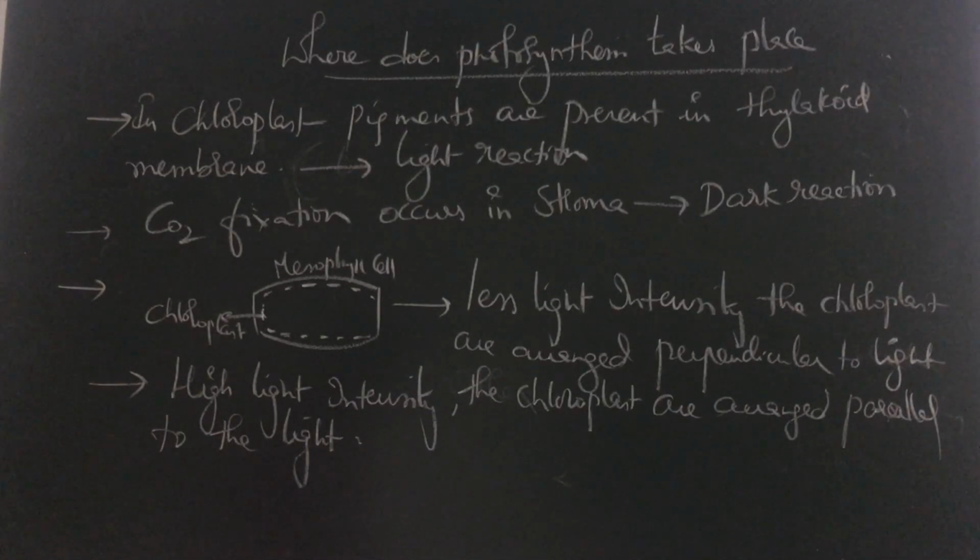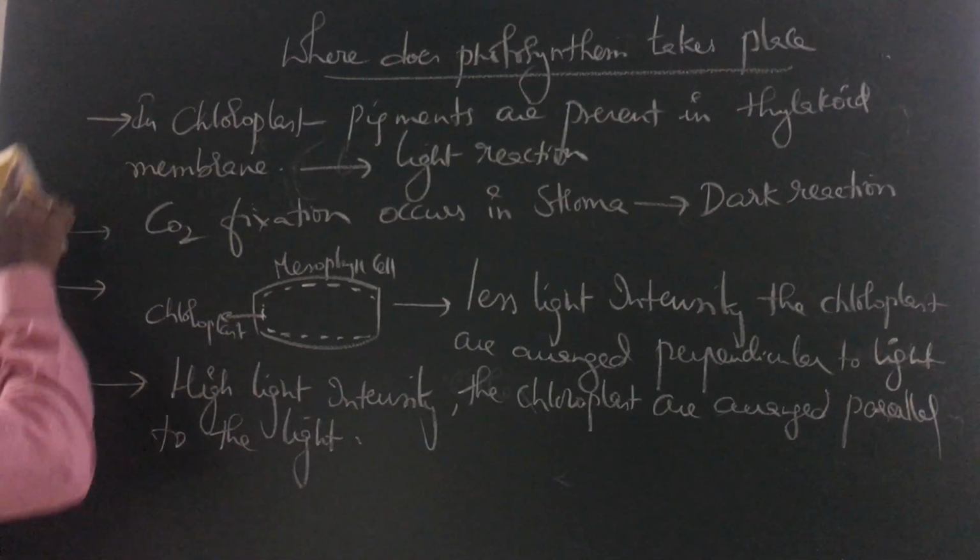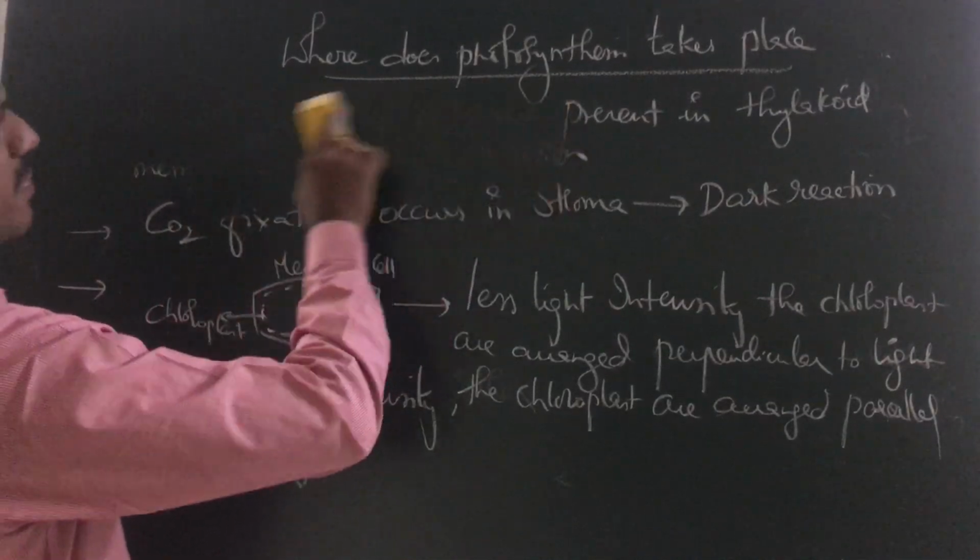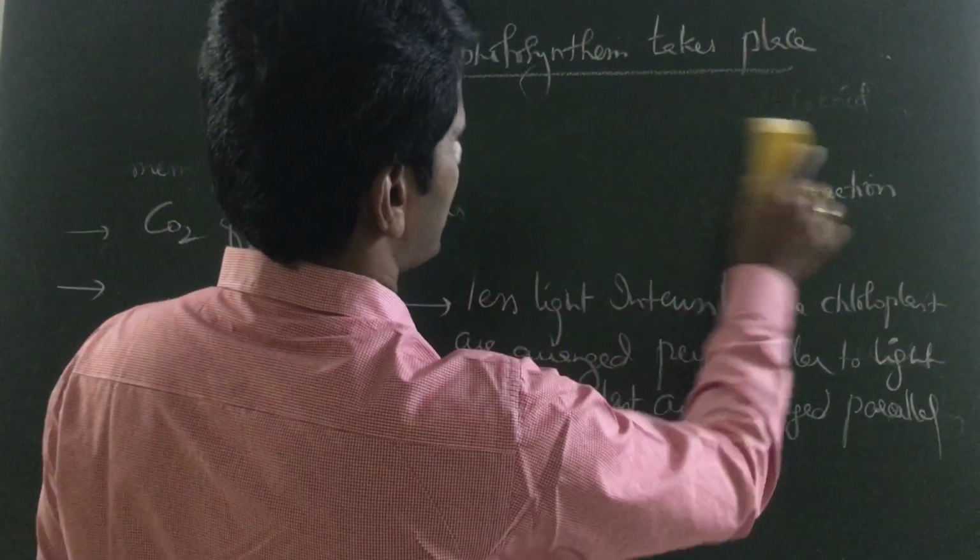During the light reaction, light energy is converted to chemical energy. Let us see what happens in the light and what happens in the dark reaction briefly.